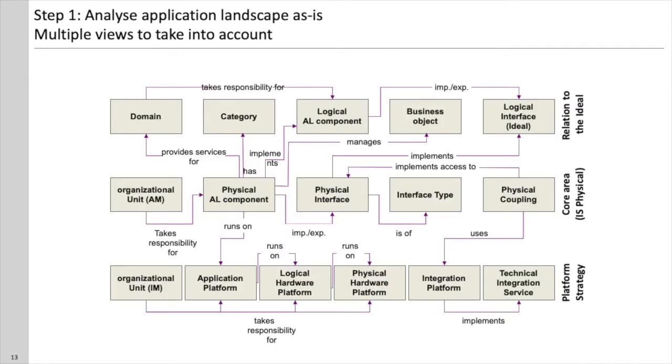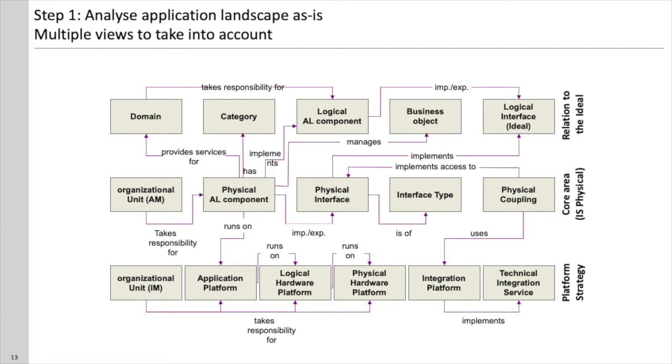So after we understood the business and created the ideal, in analyzing the as-is situation now, there may be many views and many aspects to take into account. And what you see here is at least 3 layers of information that are of interest while analyzing the application landscape. The middle layer here is what we call the core area.